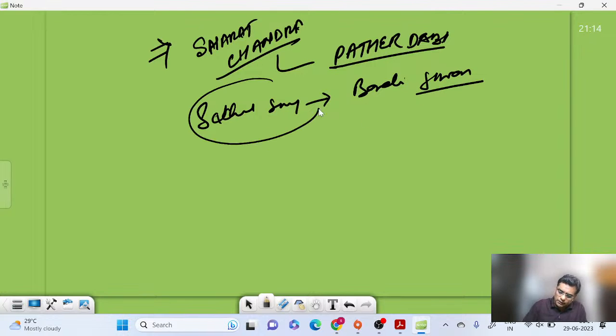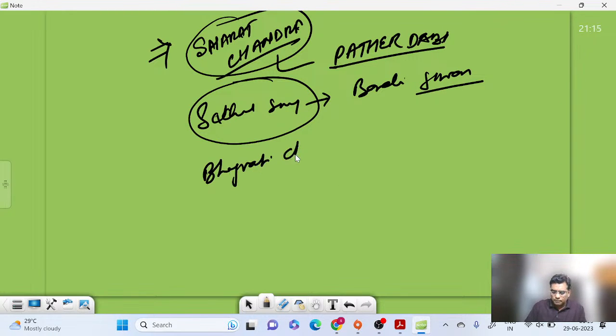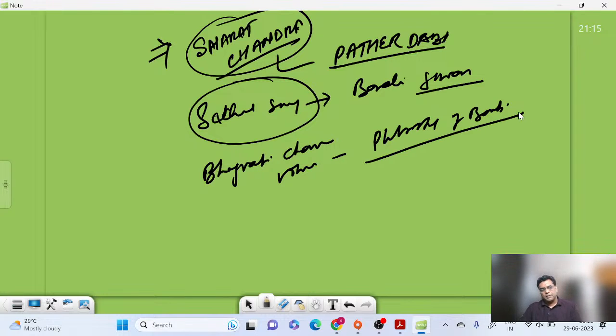So these are the books which really inspired them. Bhagwati Charan Bohra wrote Philosophy of Bomb. Obviously these writings were very inspirational.